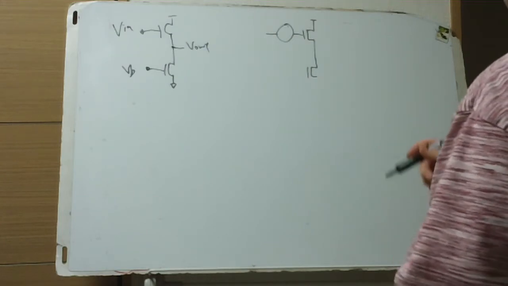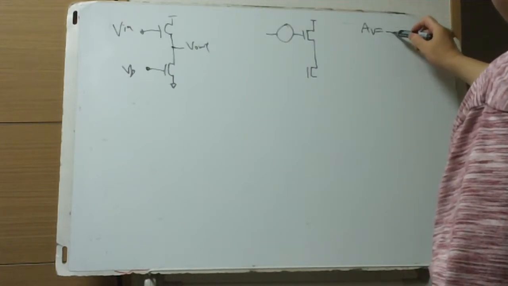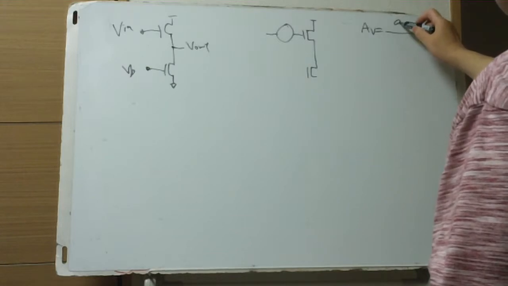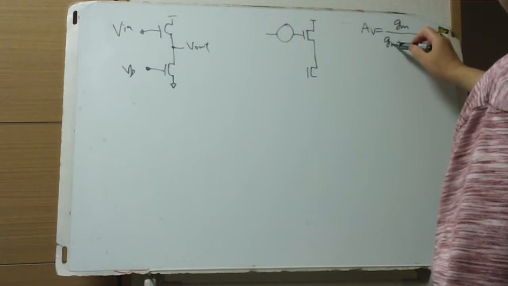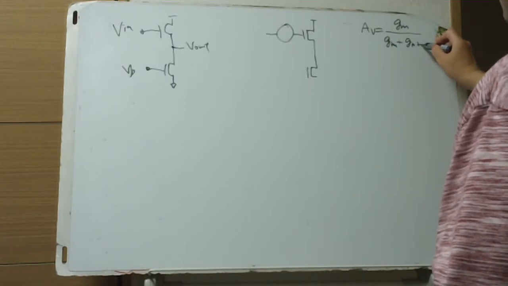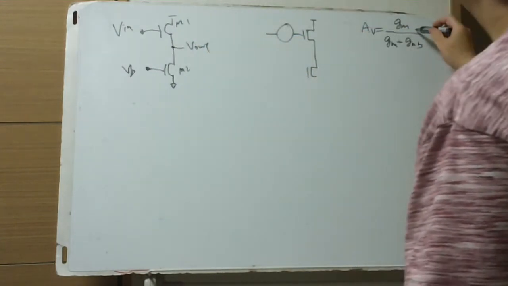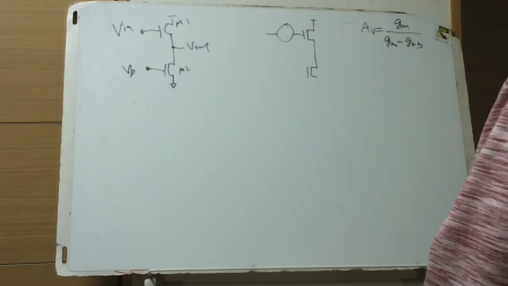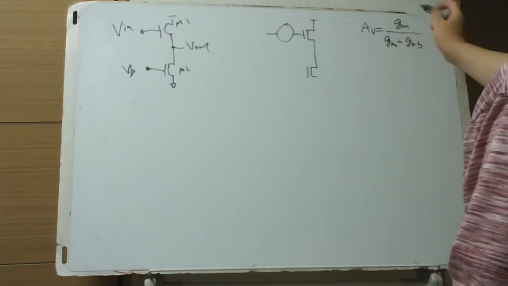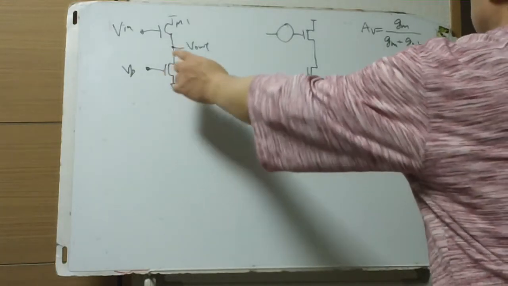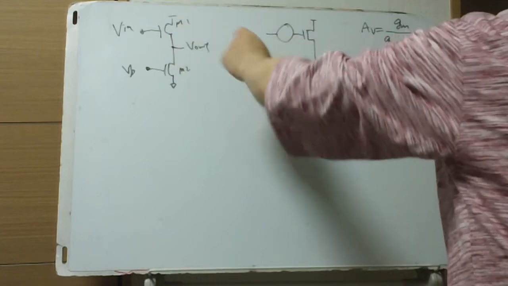So from a simple voltage divider, gm divided by gm plus gmb of M1. This is just the current and the DC component, and the AC components appear as conductance of gm and gmb of M1 only.